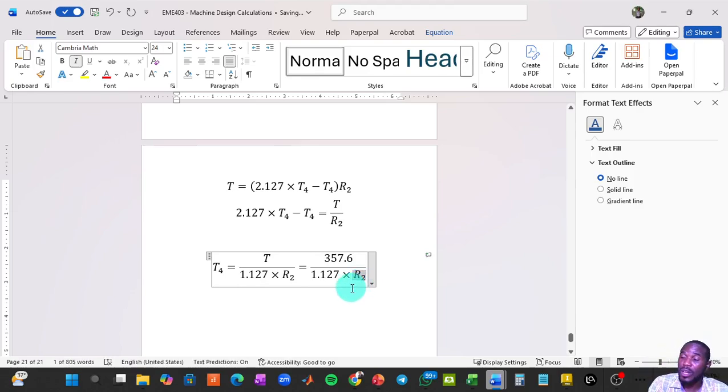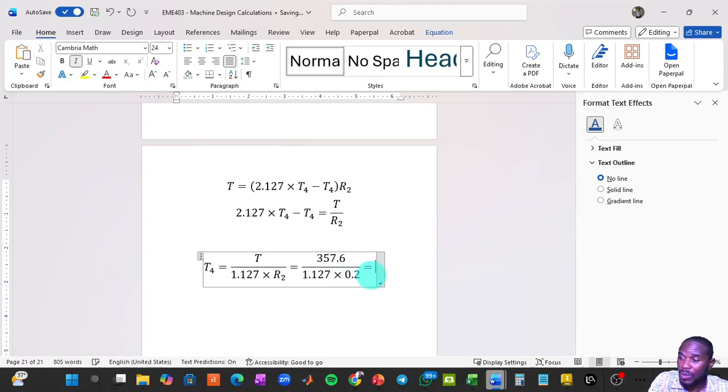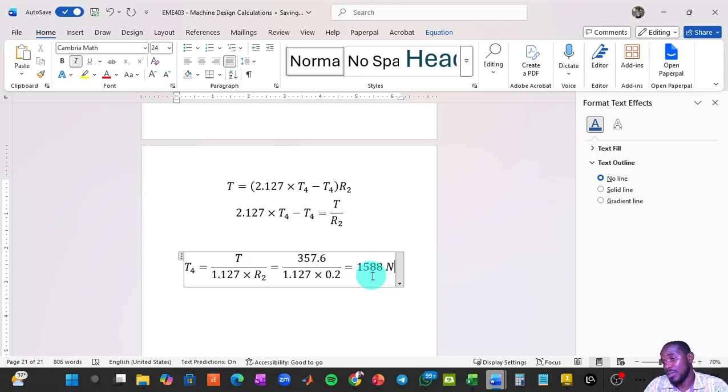R2 is 400 millimeters, that's the diameter, divided by 2, that's 200 millimeters, which is 0.2 meters. When you do that math, you will find that your T4 is 1,588 newtons.